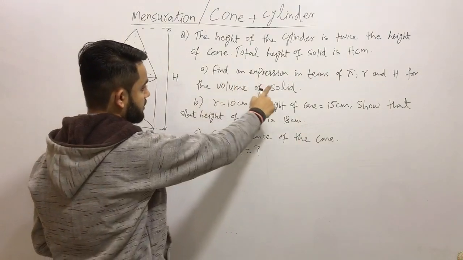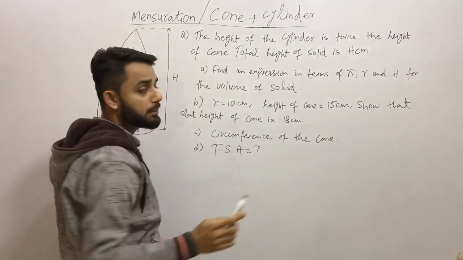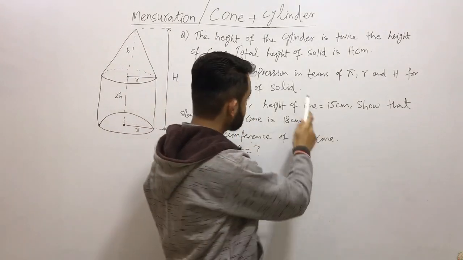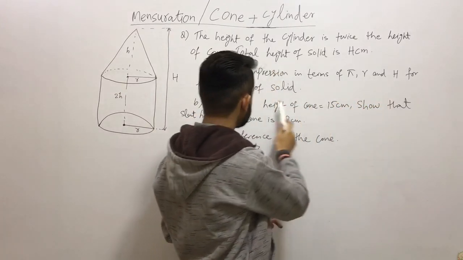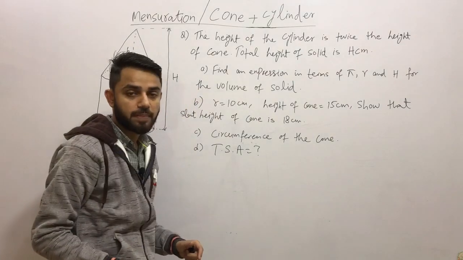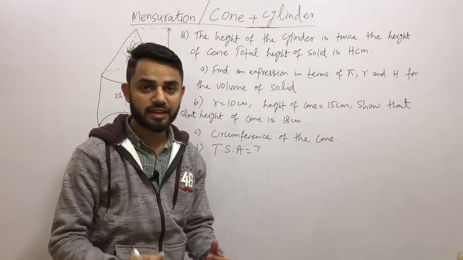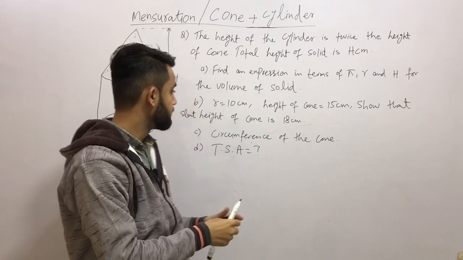Now find the expression in terms of pi, r and capital H for the volume of the solid. You have to be very careful. In our solid we have a cone and a cylinder, so the volume of the cone and the volume of the cylinder are going to merge together.